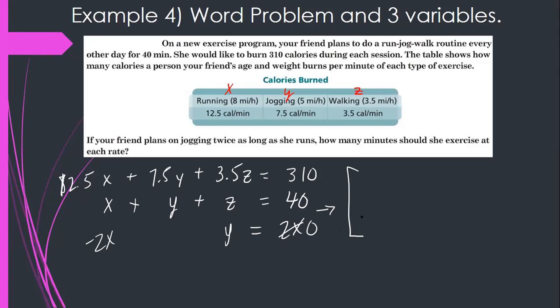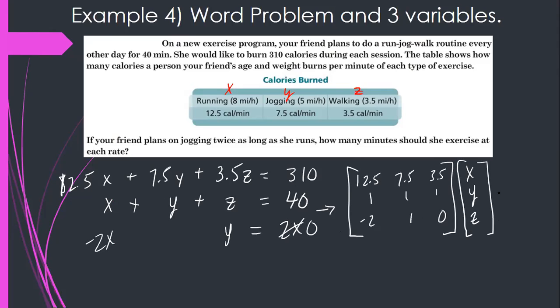So my matrix equation, remember, it's your coefficients, your variables, your constants. So my coefficients for the first one are 12.5, 7.5, 3.5. 1, 1, 1. -2, 1, and 0. My variables are X, Y, and Z. And my constants are 310, 40, and 0.